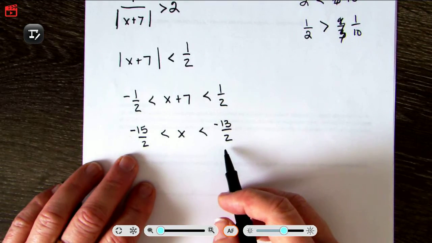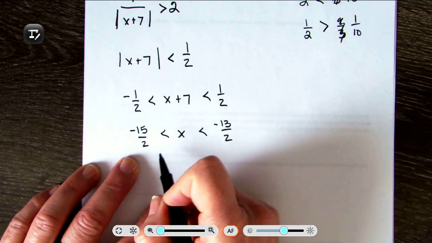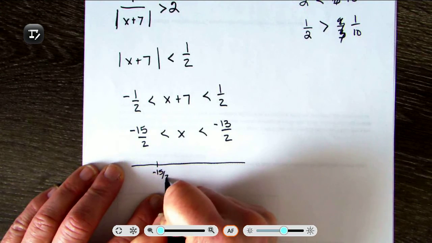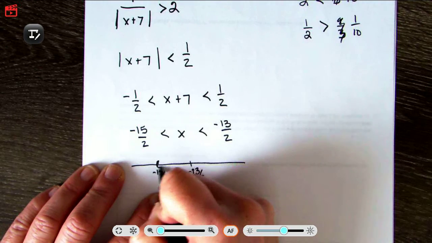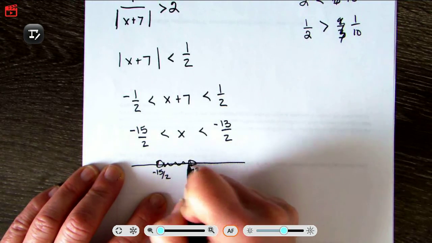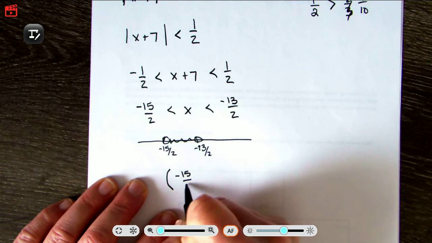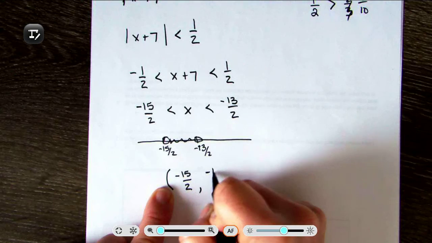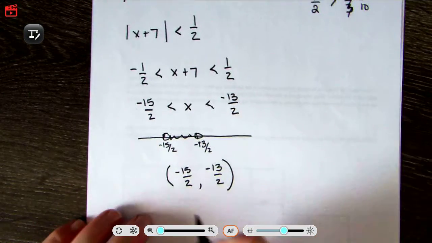Writing this in terms of interval notation, I could put it on the number line. Here's my negative 15 halves. Here's my negative 13 halves. Going between the two, open circles on both. So interval notation, negative 15 halves, round bracket because we are not including it, up to negative 13 halves, round bracket.